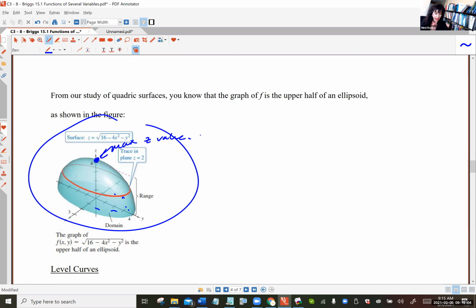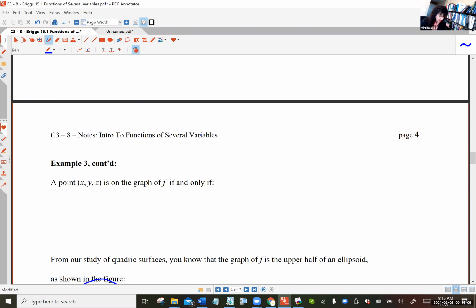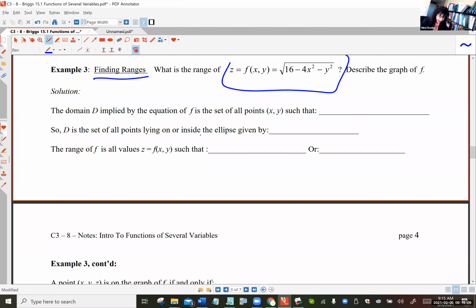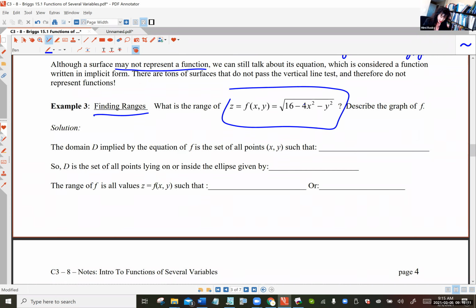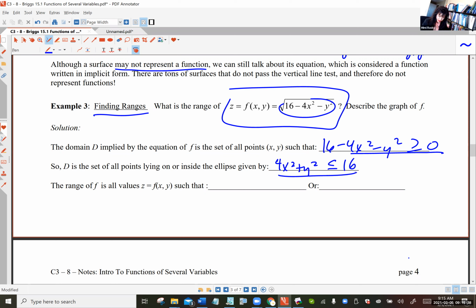So how would you get that? When you're doing this kind of thing, the domain D still has to honor the fact that we don't want to get into a complex number. So you still need the radicand to be greater than or equal to 0. If I write this inequality, adding 4x squared plus y squared to both sides and turning it into an equals, we want all the points that live inside an ellipse.